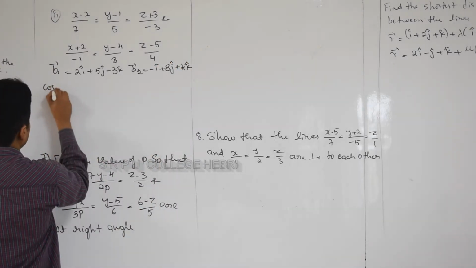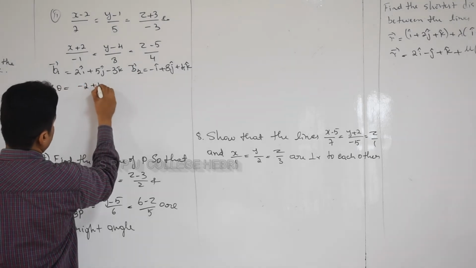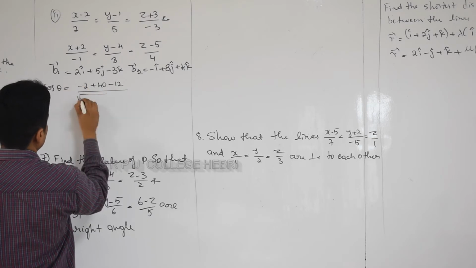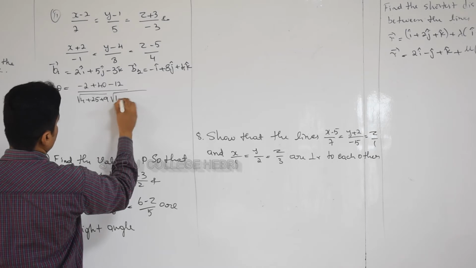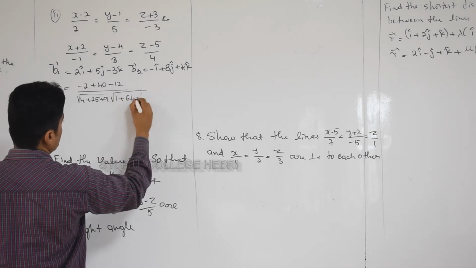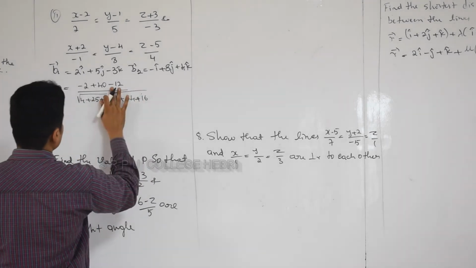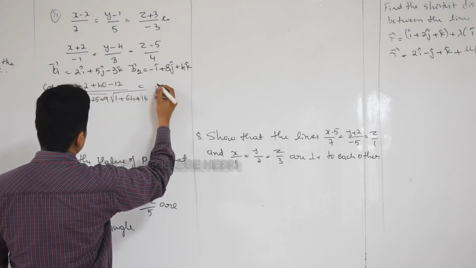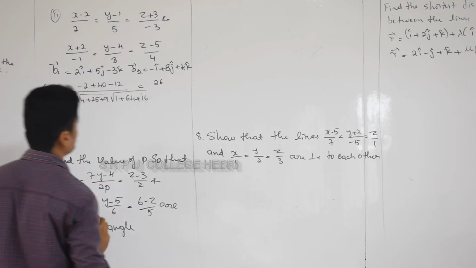Now the angle between them is cos theta, which is the dot product, minus 2 plus 40 minus 12, divided by square root of 4 plus 25 plus 9, into square root of 1 plus 64 plus 16. So the next work is simplification. 40 minus 14 is 26.